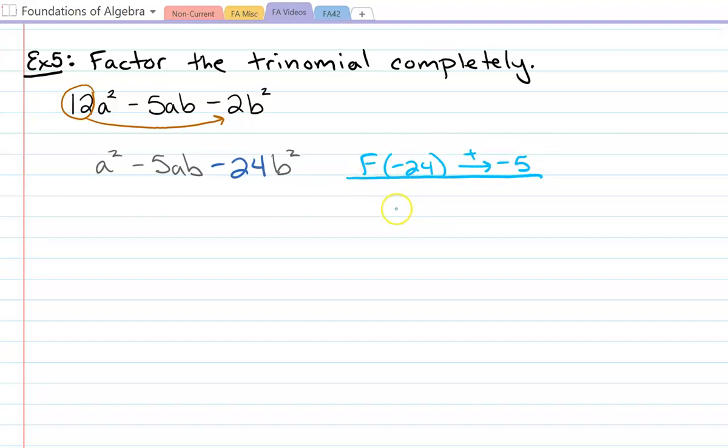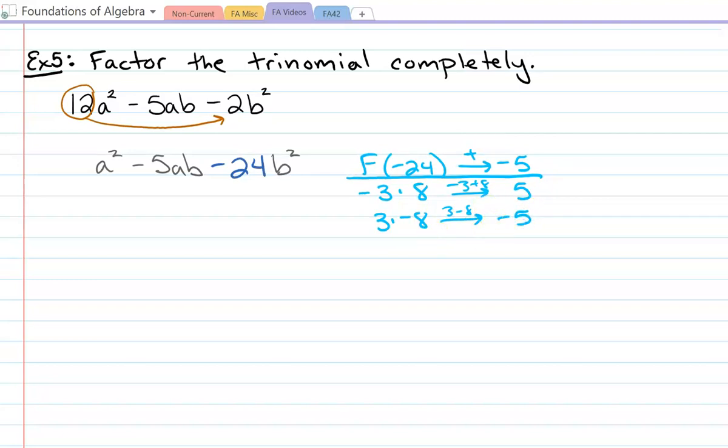I'm thinking 3 and 8. So negative 3 times positive 8 multiplied to negative 24, and they add, oh no, that's positive 5. Let's flip it. 3 times negative 8, 3 minus 8, yes, that's negative 5.